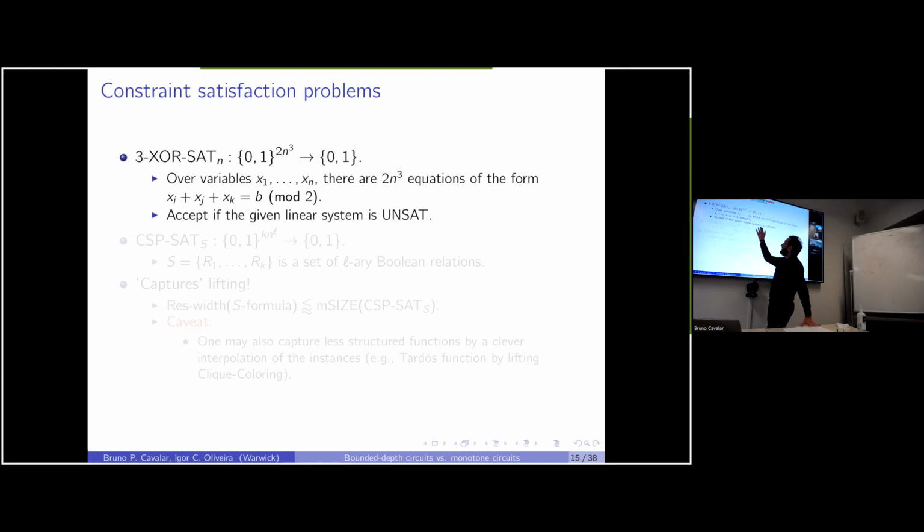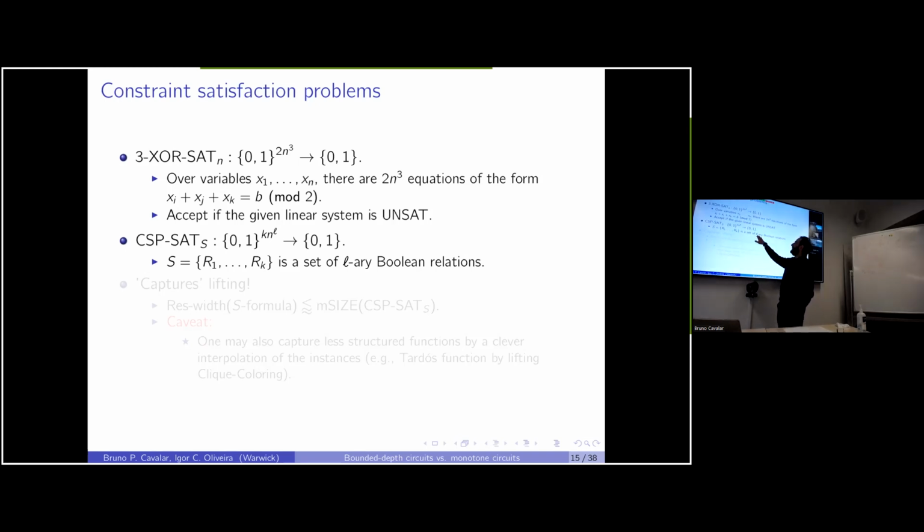How many equations of this form are there? There are 2n cubed of them. We have n options for each of the variables, so n cubed in total, and 2 options for the equality. And the monotone function will accept if the given linear system is unsatisfiable. Okay, so this is monotone because adding more constraints continues to be unsatisfiable, right? And you can generalize this for any set of Boolean relations.